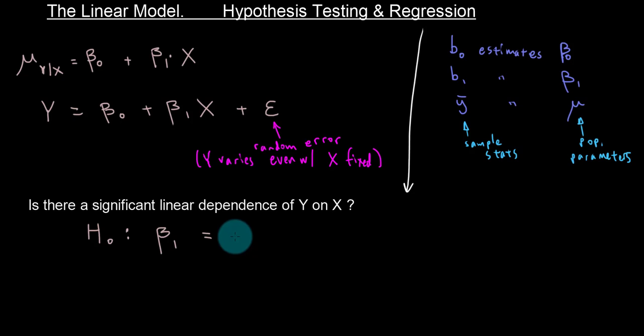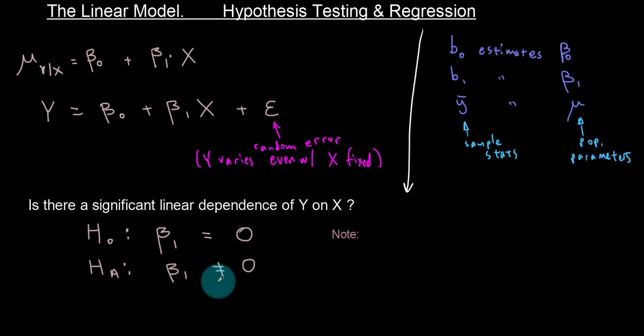And the null is always a statement that there is no effect or no change. So what value would indicate that there is no linear dependence between the two variables? Well, if the slope was 0, that's the value that would indicate that y does not depend on x. Therefore, the alternative hypothesis would just be that the slope is not 0.